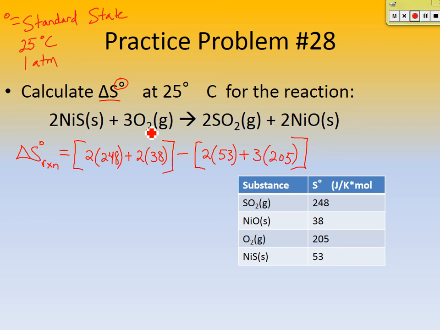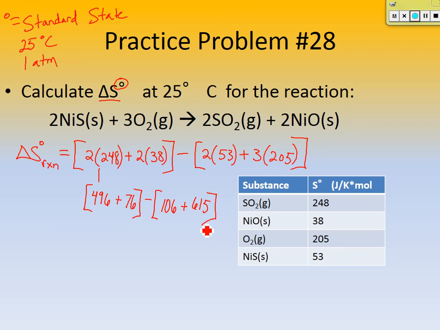Now let's take a second and simplify this. It's just a simple math problem now. So 2 times 248 becomes 496, plus 2 times 38 is 76. Keep the minus sign in. 2 times 53 is 106, plus 3 times 205. Did you guys get 615 right there? Okay.